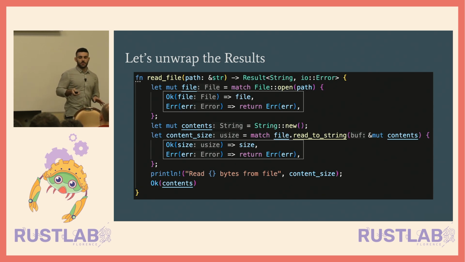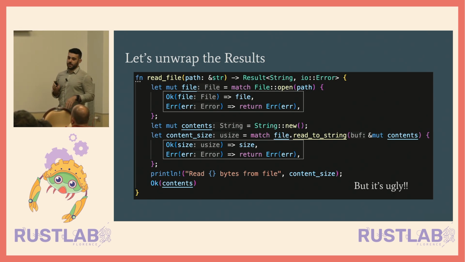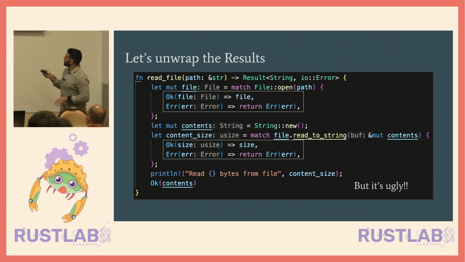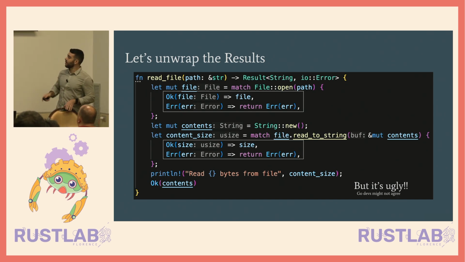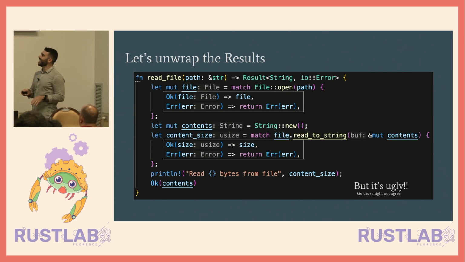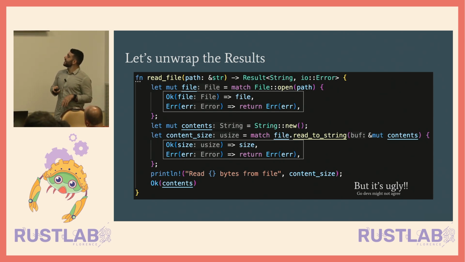And this is how we work with results most of the time. I think this is pretty ugly. I see people nodding here. Although Go developers might not agree, because this is how it looks like in Go. But just telling facts.